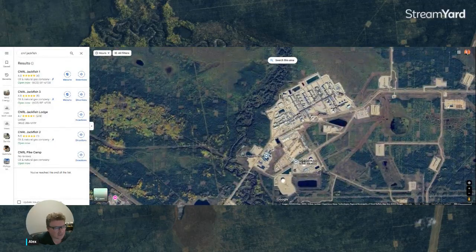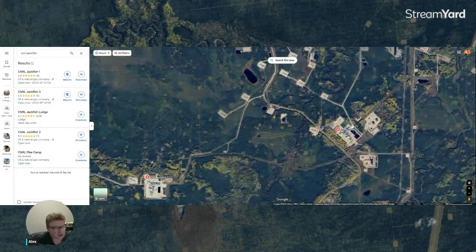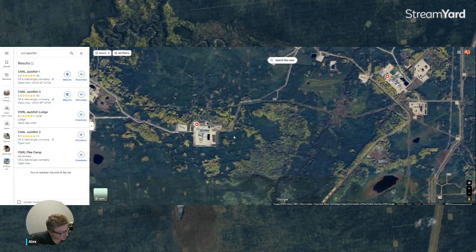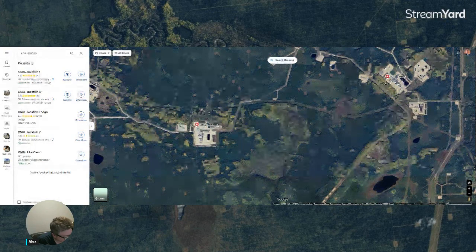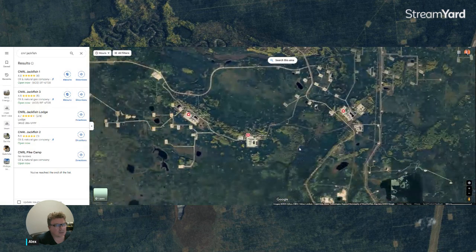Look at the scale of things here. But now we have smaller guys here. So Jackfish 1, 2, 3. And the production there seems to be between 36,000 and 38,000 barrels a day. That's the production. CNRL assets.